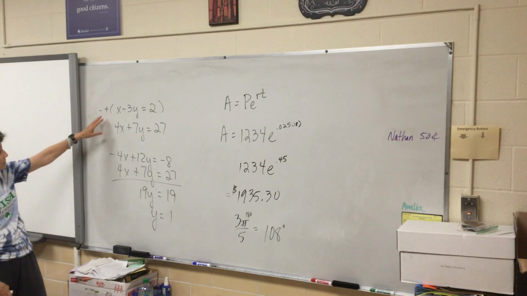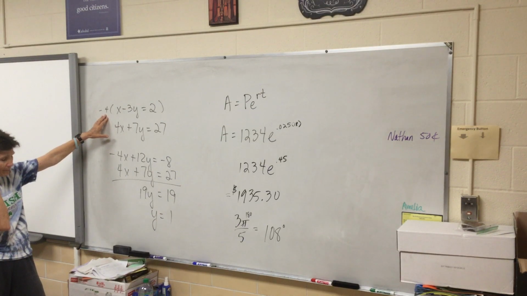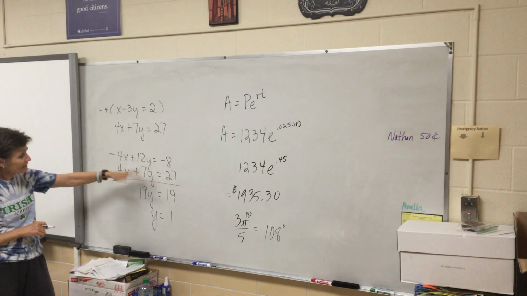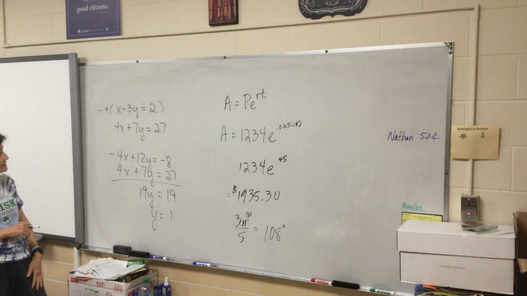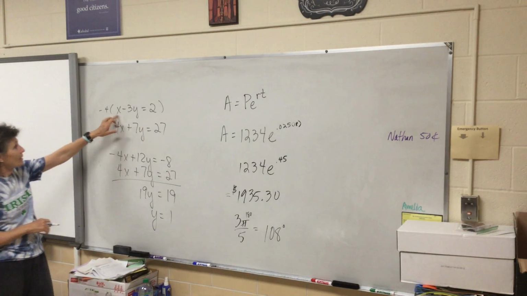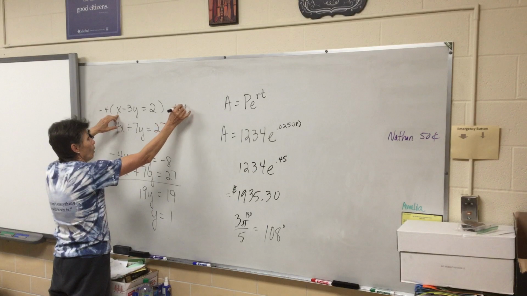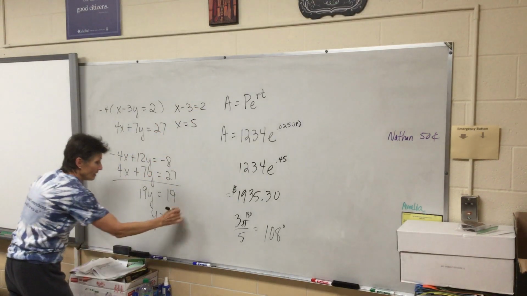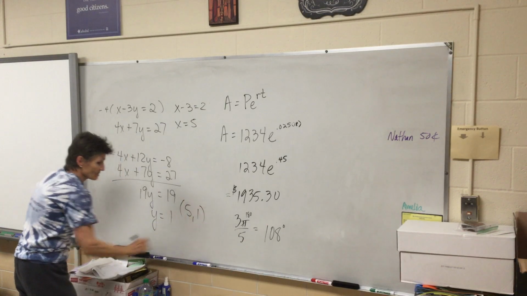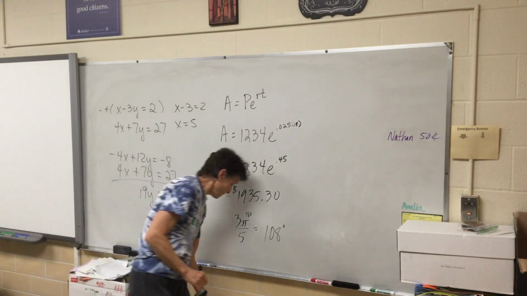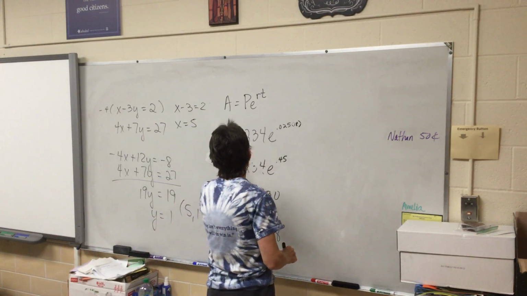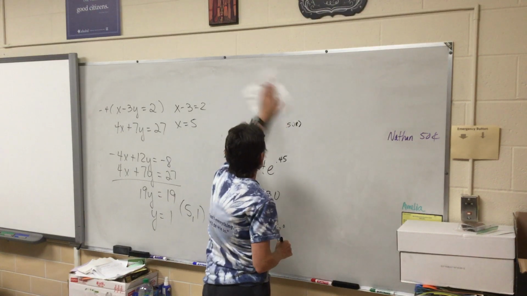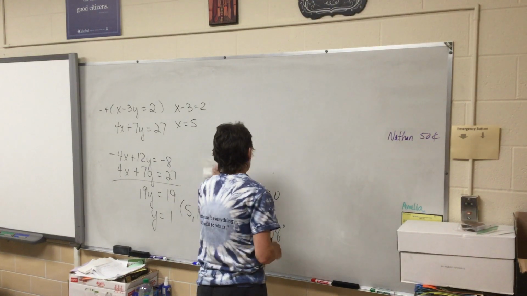I multiplied the top equation by -4 and added, so y worked out nicely to be 1. I'll come back up here, plug in 1. So x is 5, and I'll write my answer as an ordered pair. You all know how to do that. Everybody should get that problem right.